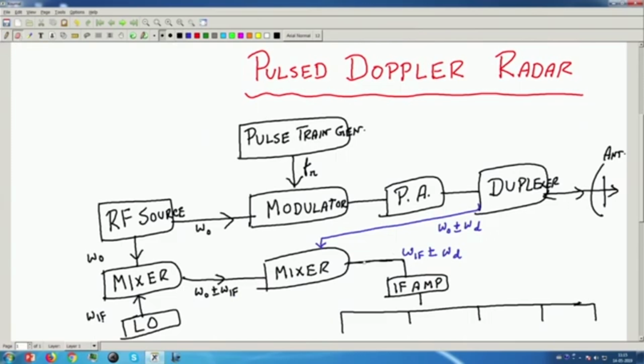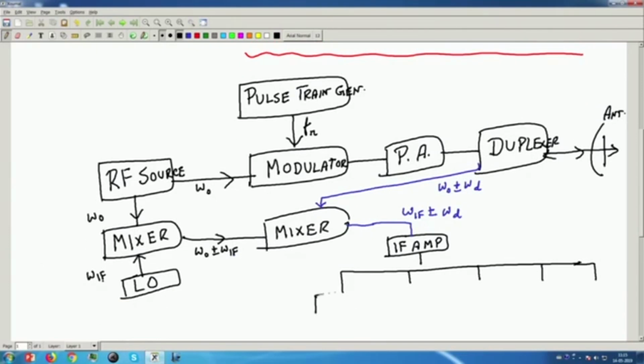I will erase these things. So, from this mixer we are getting this thing. The IF amplifier is amplifying. Now, we will be having for pulse Doppler the range gates.